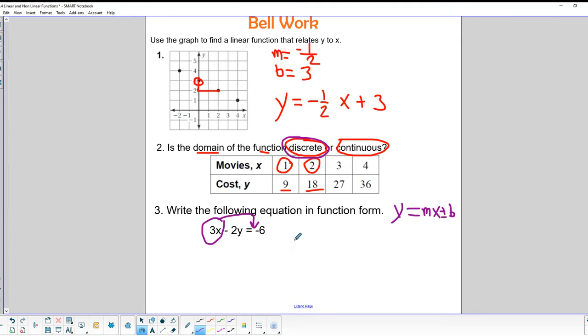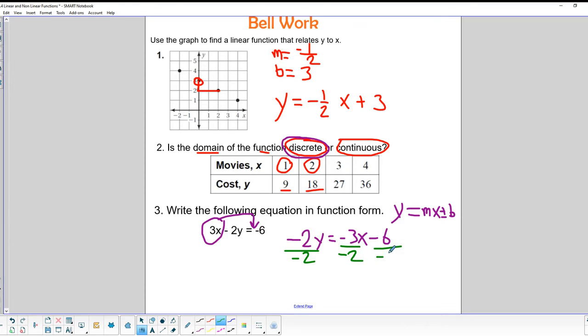So when we do that, our initial equation will then transform to 2y equals negative 3x, because 3x becomes minus 3x when it crosses the equal sign, and then we have subtract 6. So our next step will be to divide everything by negative 2 so that we can get y alone.